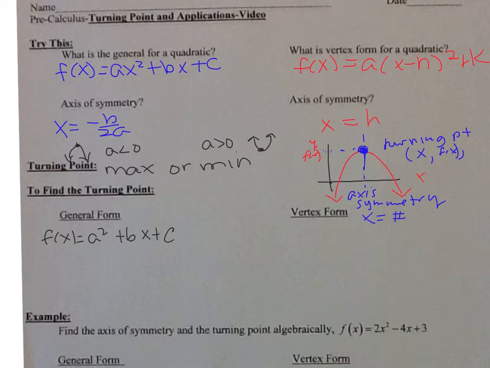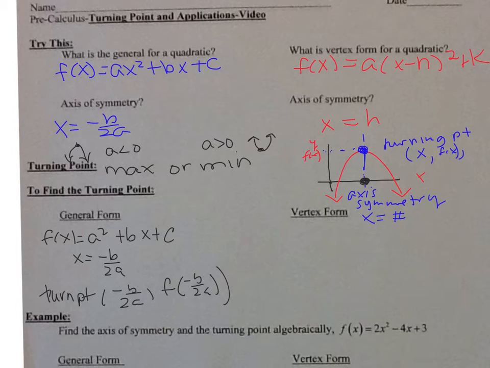You do the axis of symmetry, which is x is equal to negative b over 2a, right? You get that point down here. And then your turning point, or your max, right? Your x value is negative b over 2a, and your y value, well, after you get your x value, you have to plug it in. So it's f of negative b over 2a to get your y value.